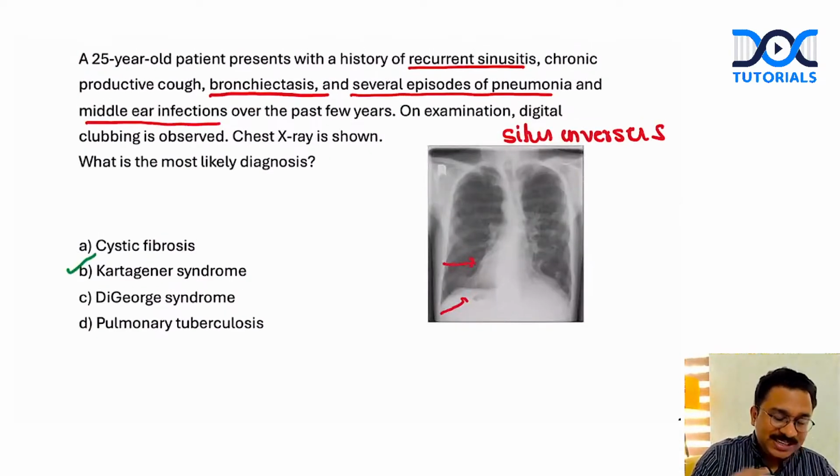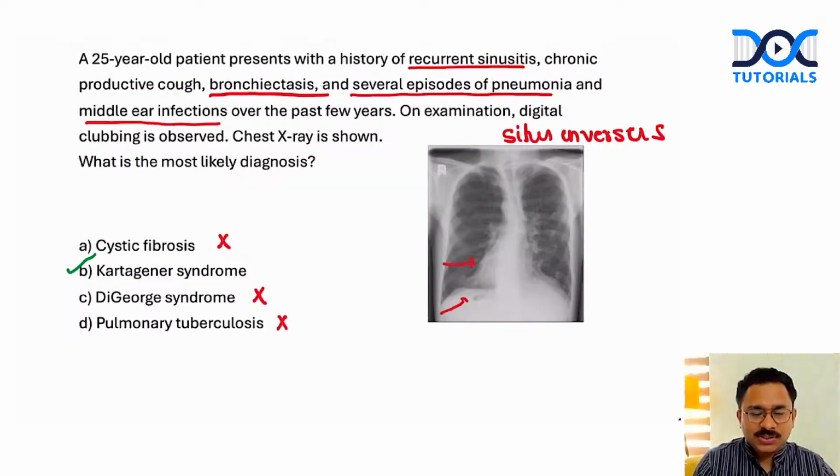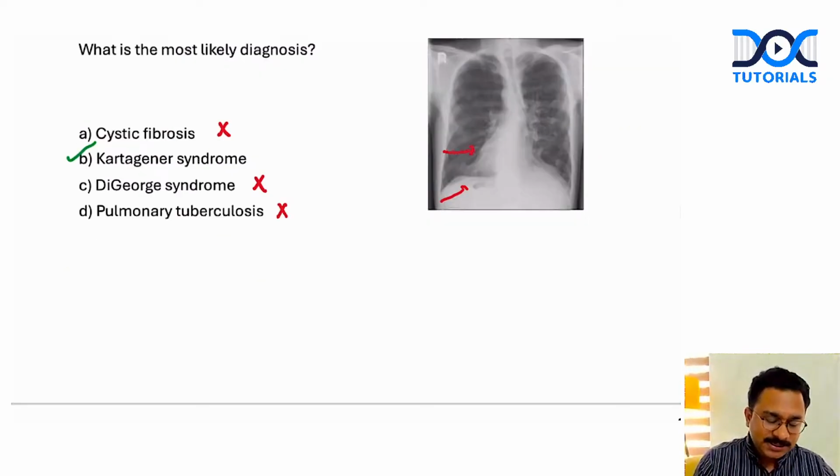Cystic fibrosis can have bronchiectasis as a manifestation, but the other points like the situs inversus do not match with any of the other options. Even tuberculosis can have bronchiectasis, but do you think tuberculosis will have situs inversus as a manifestation? No. Hence, my answer is Kartagener's syndrome.